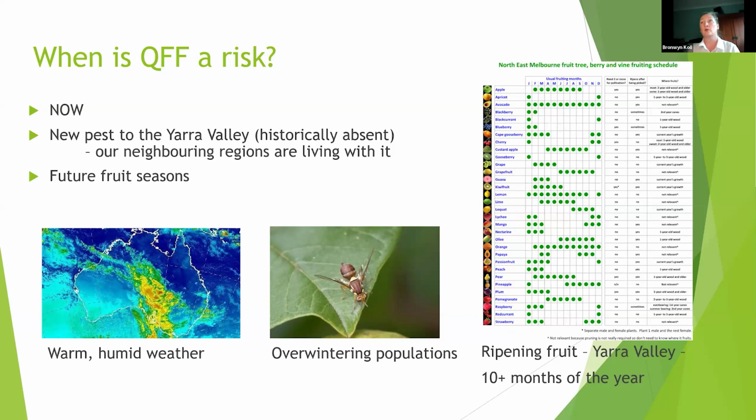So fruit fly will go from apples into citrus, and that citrus can go into cherries or plums or stone fruit in the following year. And tomatoes and capsicums are in there, as well as apples and pears, and the cycle just keeps going around and around and around. We have to be able to break that yearly cycle to successfully manage fruit fly.